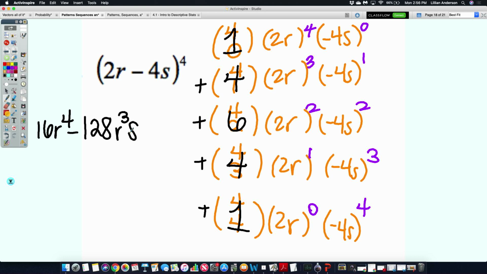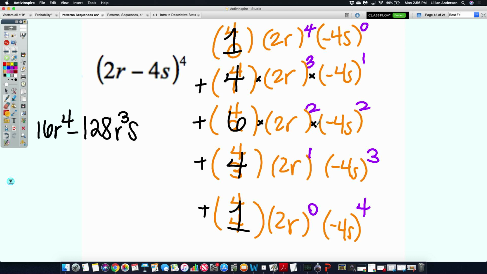Oh, I forgot that each of these contributes a term. So it'd be like 4 times negative 8. Exactly. All these are being multiplied together. Let's keep going. What's 2 to the 2nd power? 4. What's negative 4 to the 2nd power? 16.